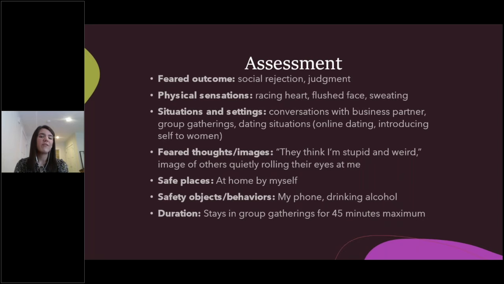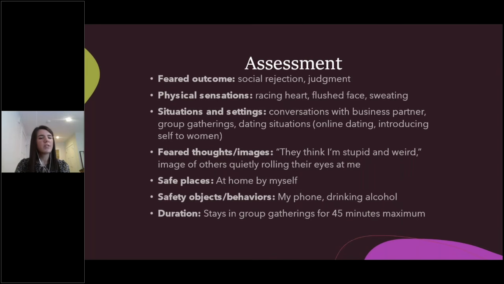So it's important to behaviorally describe, when you're in a social situation, how do you know that someone's judging you? It could vary from person to person. It could be an eye roll, a furrowed brow, or it could be saying something. So that's also really important to behaviorally describe what that looks like.